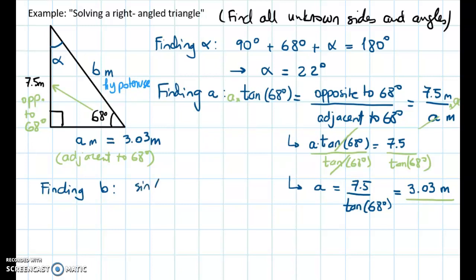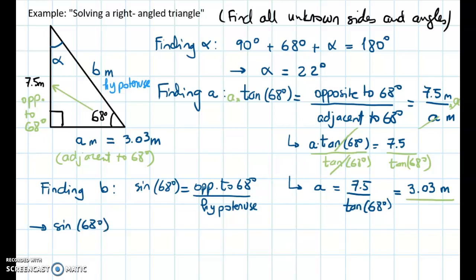The sine of 68 degrees is equal to opposite to 68 degrees divided by hypotenuse. And in this case, this means that the sine of 68 degrees is equal to 7.5 meters divided by B. And B is what I want to find.